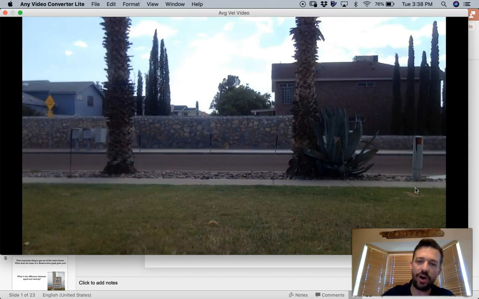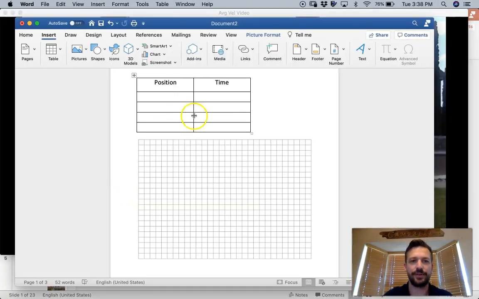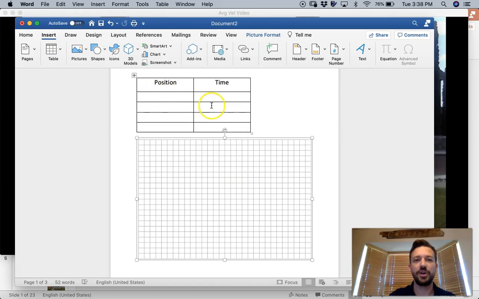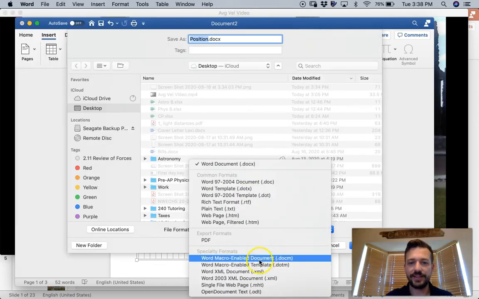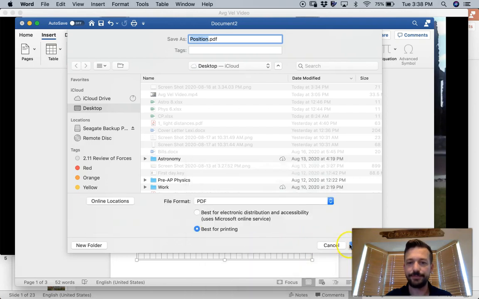Okay, so on your own sheet of paper, we're going to do a position time table, and we're going to make a little graph on it as well. Don't you all feel lucky? Okay, so let me, oh, you know what? I need to save this. I need to put it as a PDF. So while you are making that table, I will be doing this.